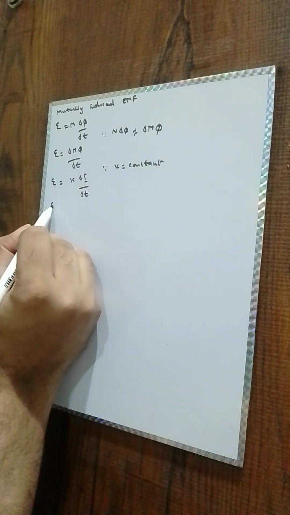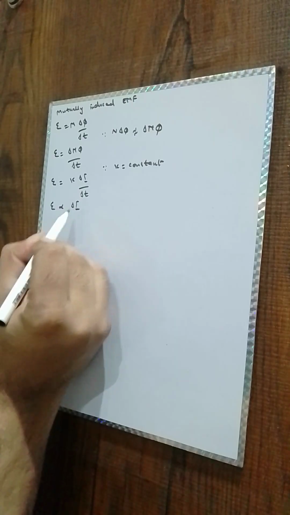It says E is directly proportional to delta I by delta t. Okay, but we don't work too much with the proportions, we work with the equations.